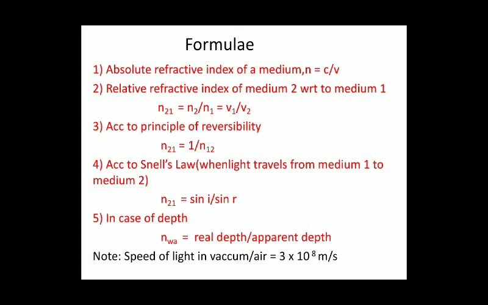For example, glass coming from water, coming from diamond, coming from benzene, coming from alcohol, anything. It means the property keeps on changing. So that is equal to the ratio of the absolute refractive indices, that is N2 upon N1, and also equal to the speed of light in medium 1 upon speed of light in medium 2.